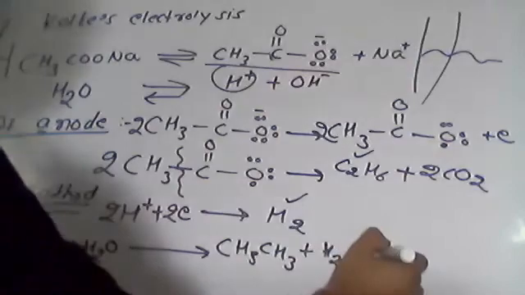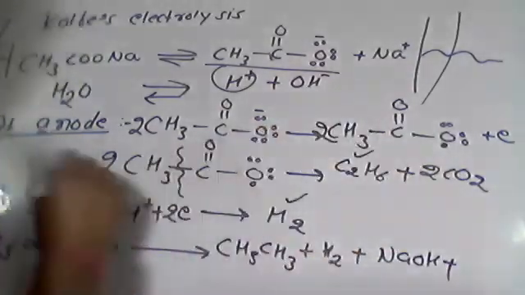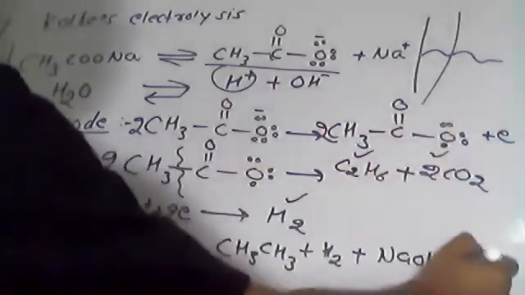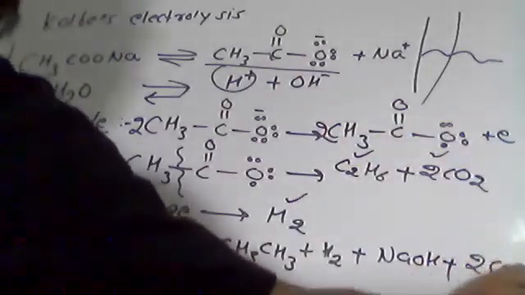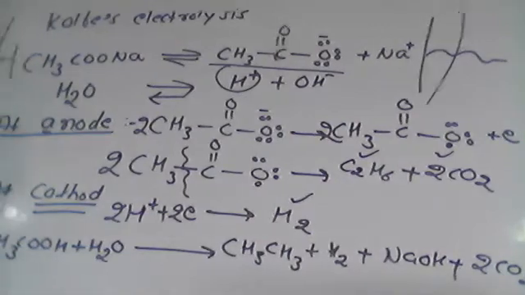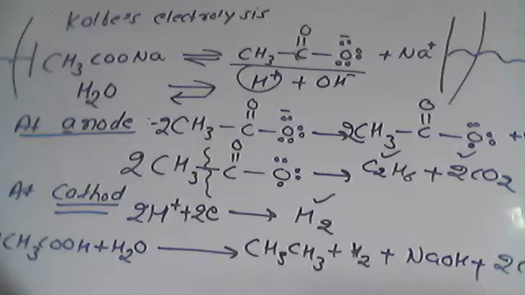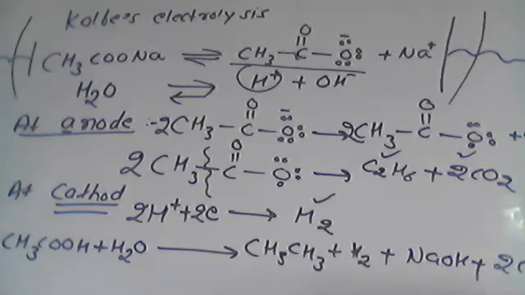Na and OH will combine together to make NaOH, plus we are going to get 2 molecules of carbon dioxide. So this is basically Kolbe's electrolysis. From a sodium salt or potassium salt, we pass the electric current and we get the product.